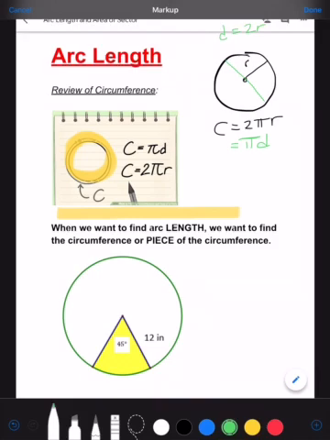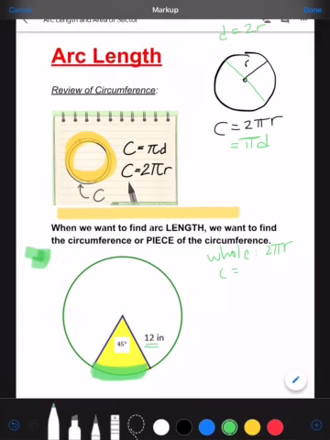Having this in mind, now we're going to talk about a portion of the circumference. We are here on this second circle, and we're going to talk about this portion of the whole circumference. The whole circumference we know is 2 times pi times r, and in this case the radius is 12.